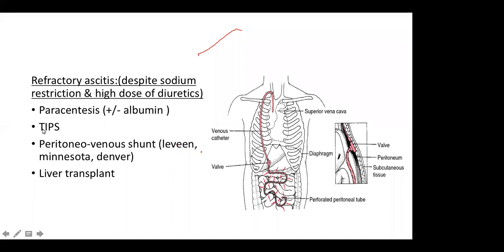And in certain conditions, though not usually used now, there is the peritoneal venous shunt, like the LeVeen shunt. The LeVeen shunt is just a catheter put in the peritoneal cavity containing many holes and connected to a valve, and it runs in the subcutaneous tissue to join the jugular vein to the superior vena cava. The aim of this is just to transmit the fluid through this catheter into the systemic circulation. And again, in the case of refractory ascites, liver transplant can be of benefit.